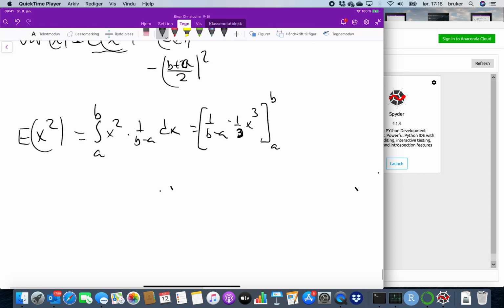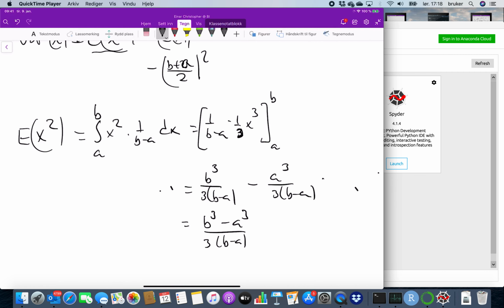And then we fill in, and we get b in the power of 3 divided on 3 times b minus a, minus the lower limit, a in the power of 3 divided on 3 times b minus a. Which is the same as b in the power of 3 minus a in the power of 3 divided on 3 times b minus a.